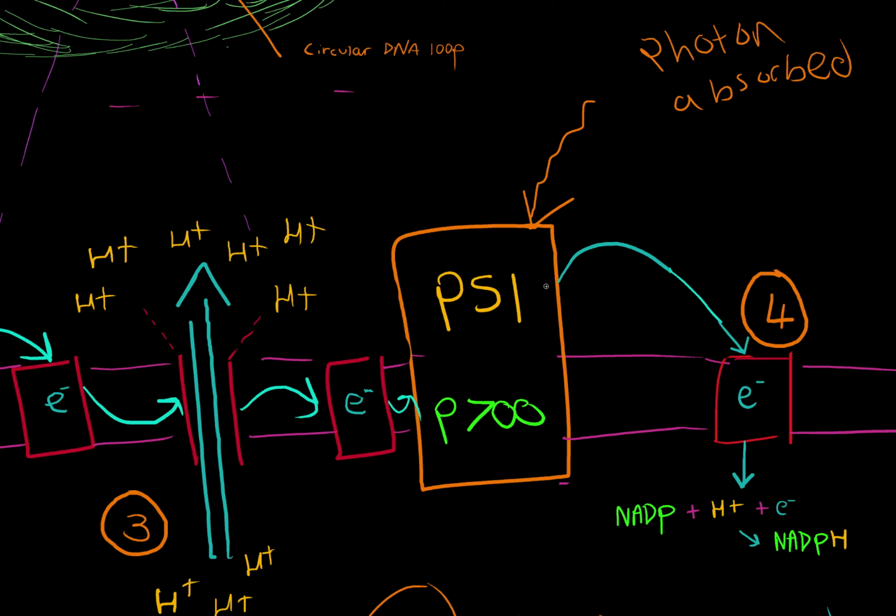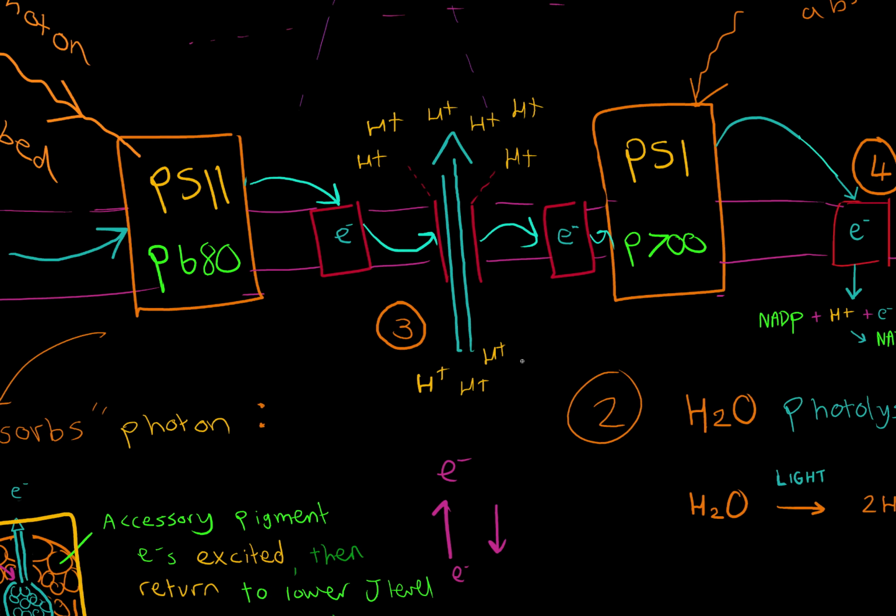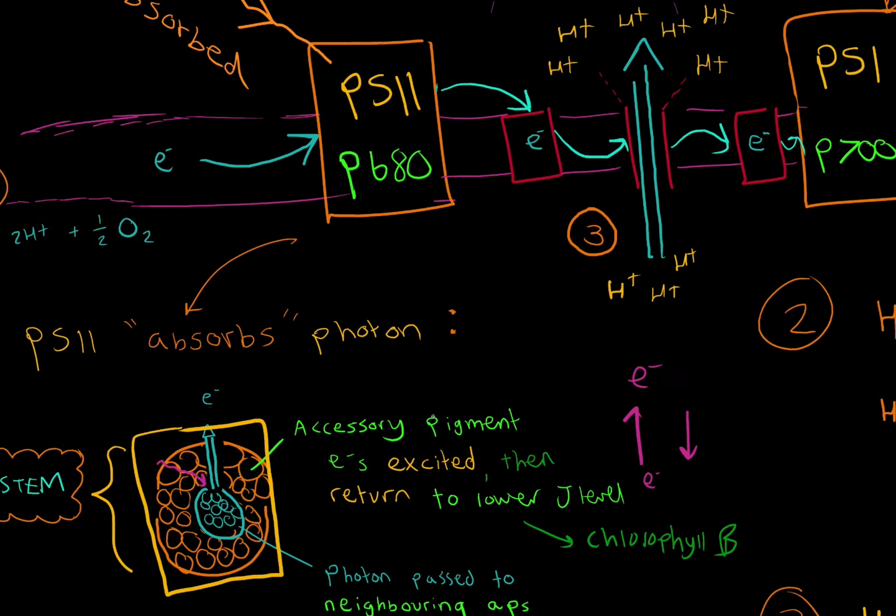Okay, so the photon is absorbed by PS1. PS1 can absorb light around the 700 nanometer range, but ultimately you've got a very similar thing going on up in PS1 as what occurred down here.